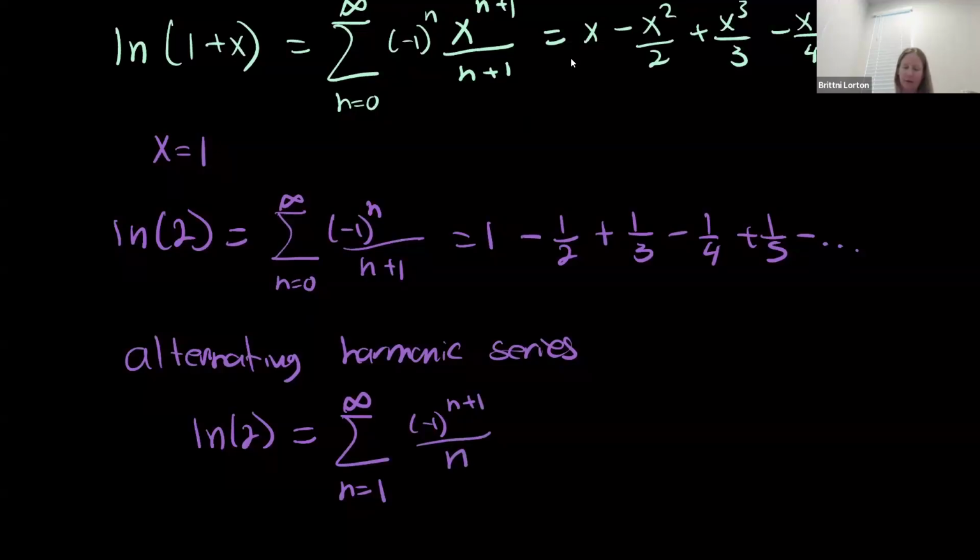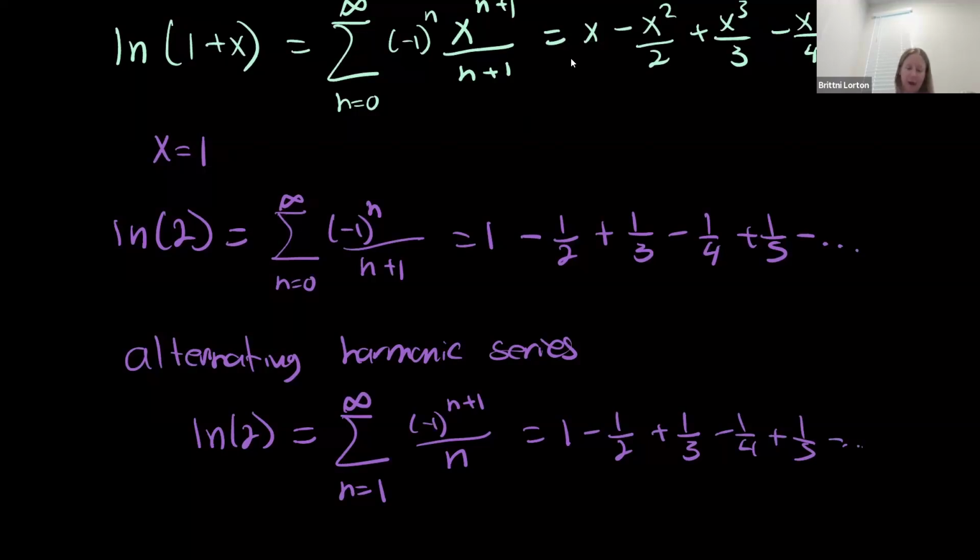If I start plugging in my counter, n equals 1, then n equals 2, and n equals 3, you are going to get that alternating harmonic series. Okay, so now I have the alternating harmonic series, and I have a value for it, which we know does converge. If you'd like to double check, it does converge conditionally. Okay, so now let's do some stuff.